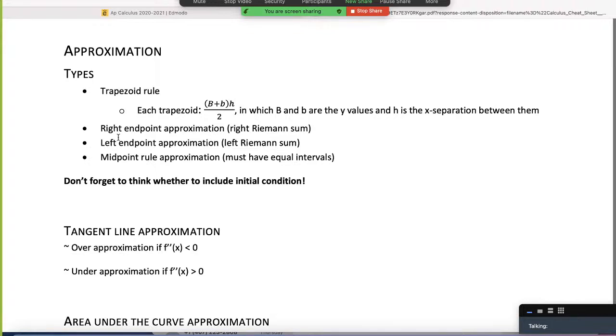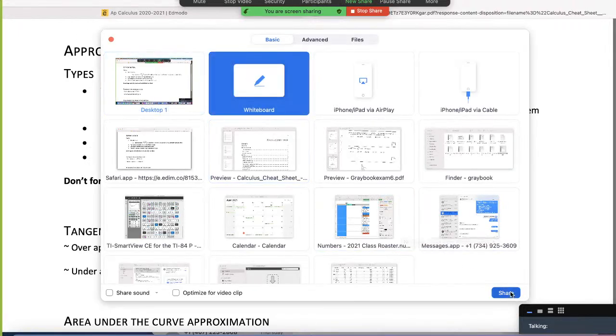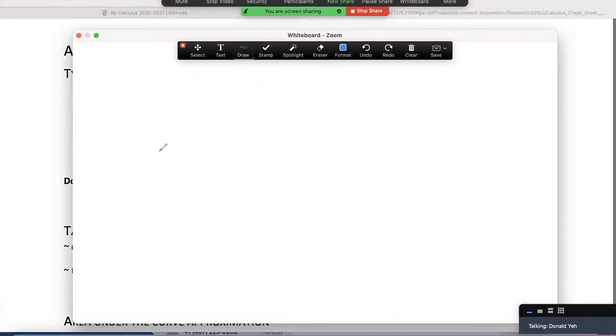So the trapezoid rule really depends on concavity. Let me show you here. If I draw it like this, concave up, between A and B, then if I draw the trapezoid, it's going to be over.